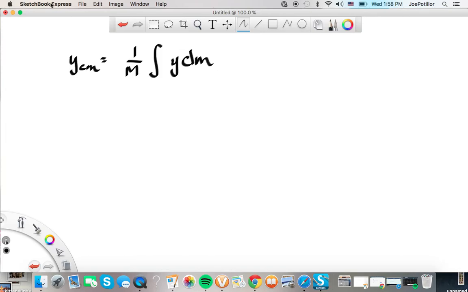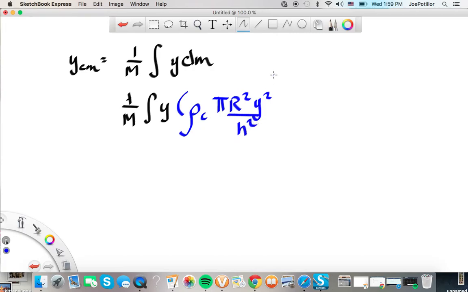Now, this dm, we found out what it was. So it's going to be 1 divided by m, integral of y multiplied by our dm, which is density of the cone multiplied by pi capital R squared y squared divided by h squared, times dy.